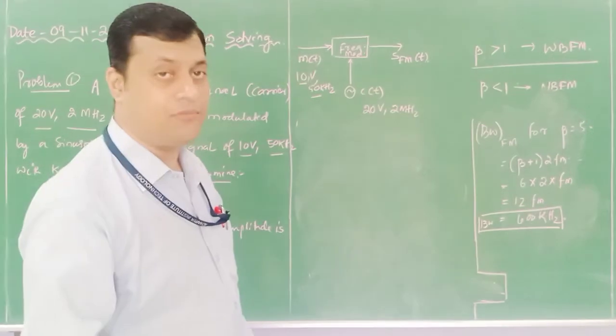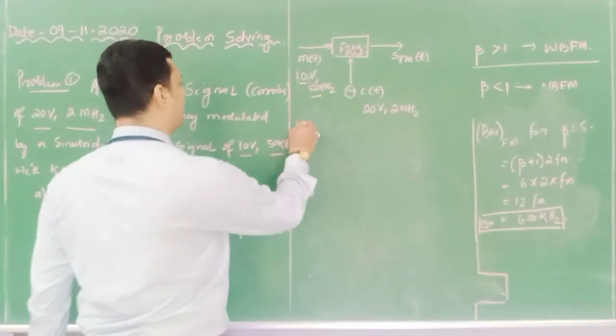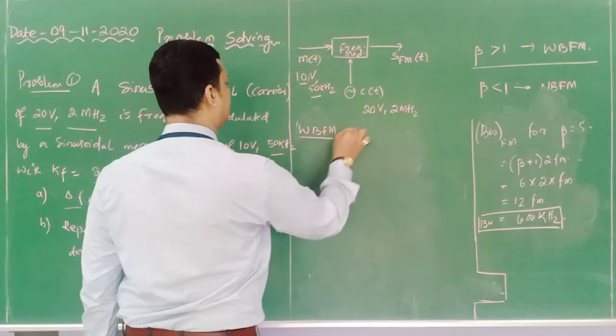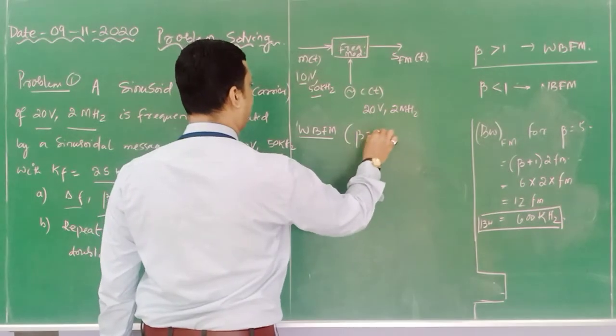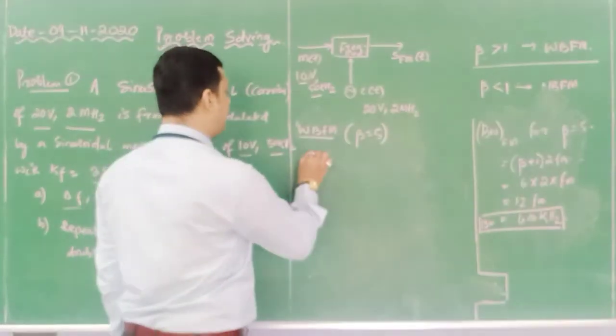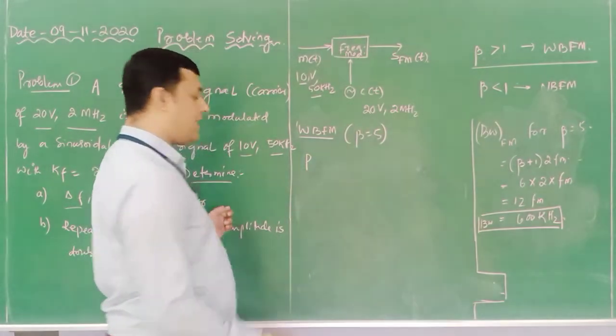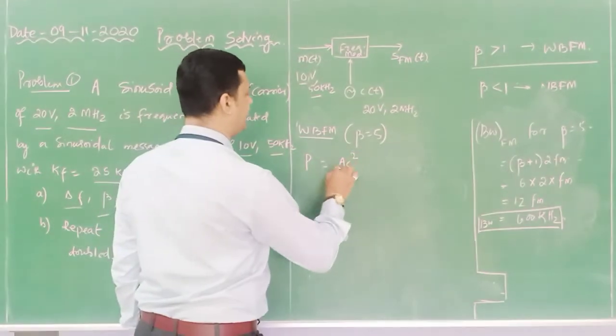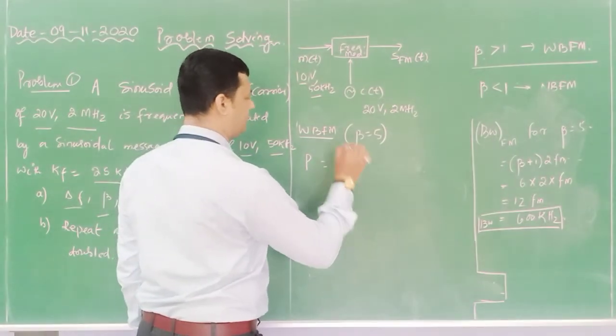Now since it is a WBFM signal, because beta value is 5, which is greater than 1, your power content or transmitted power is equal to Ac square by 2R.